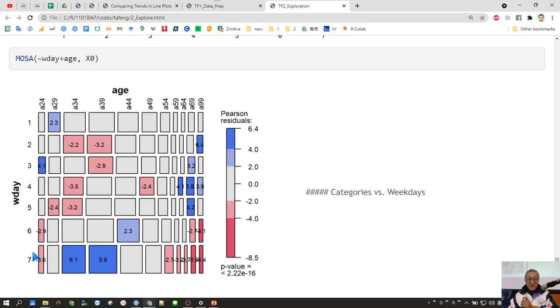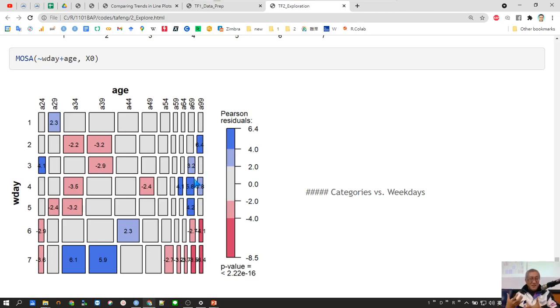Yeah, young people and elderly tend not to buy it on weekdays, right? Okay, comparing to others, it's a relative comparison, right?